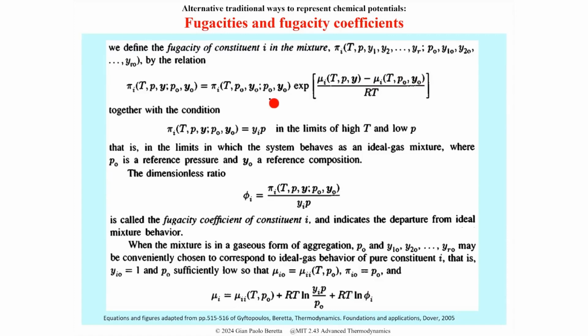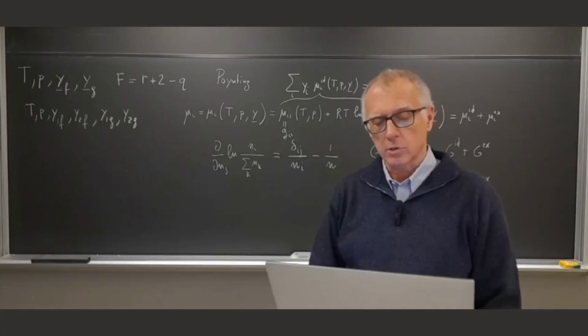By selecting, you select this coefficient, this prefactor here as something that in the limit of ideal gas behavior reduces to the partial pressure. So the fugacity in those limits is the partial pressure times the exponent of this thing. Okay. So again, this is just because I wanted to mention it.